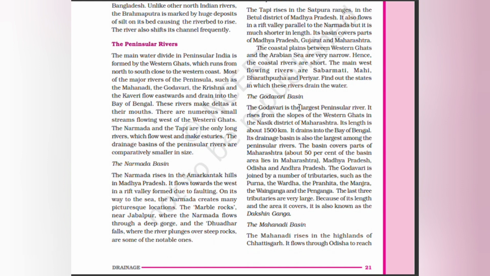Godavari Basin. The Godavari is the largest peninsular river. It rises from the slopes of the Western Ghats in the Nasik district of Maharashtra. Its length is about 1,500 km. It drains into the Bay of Bengal. Its drainage basin is also the largest among the peninsular rivers. The basin covers parts of Maharashtra.